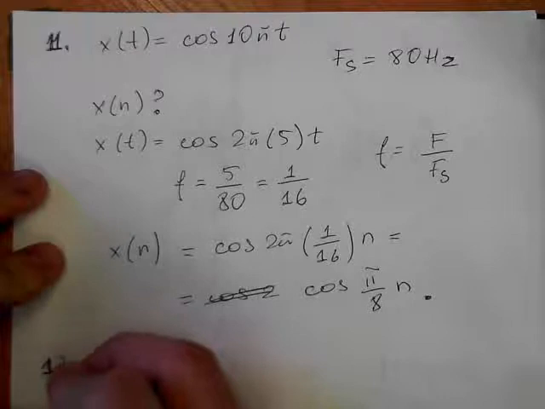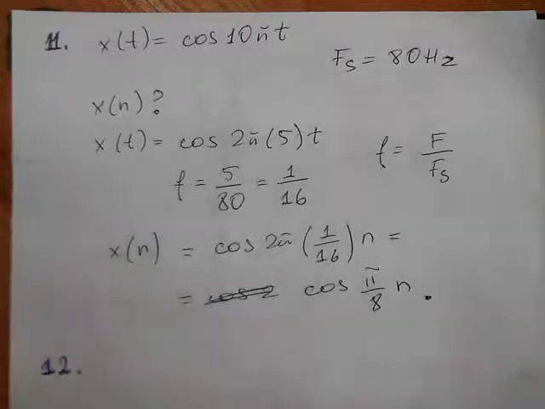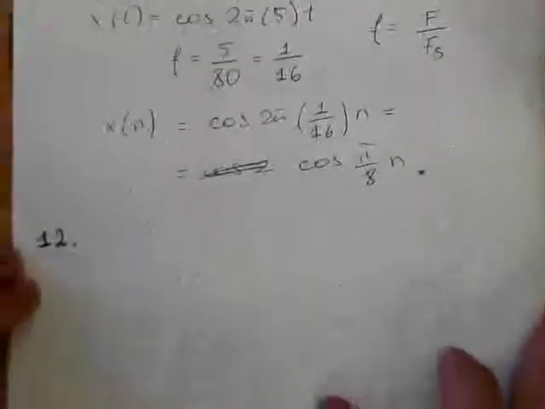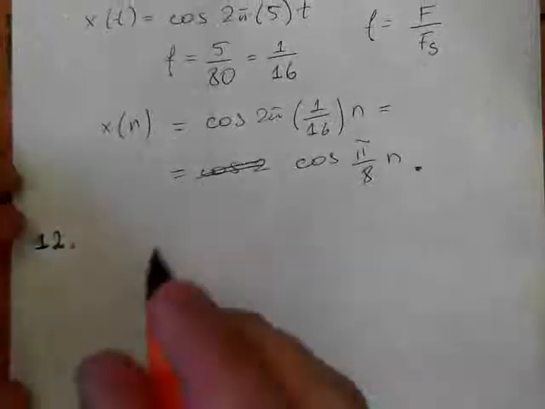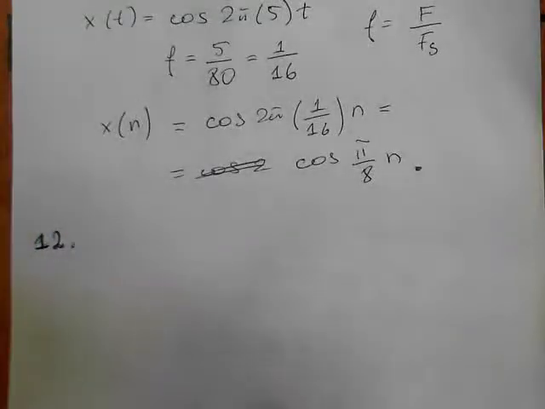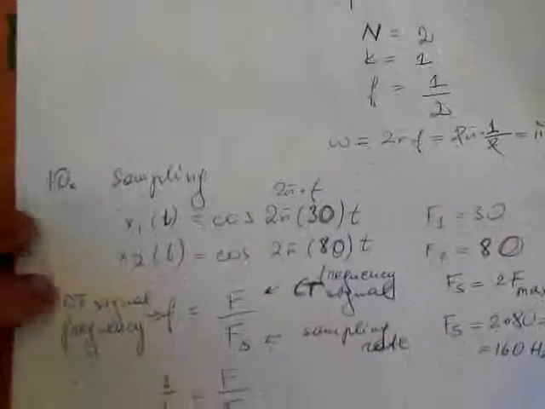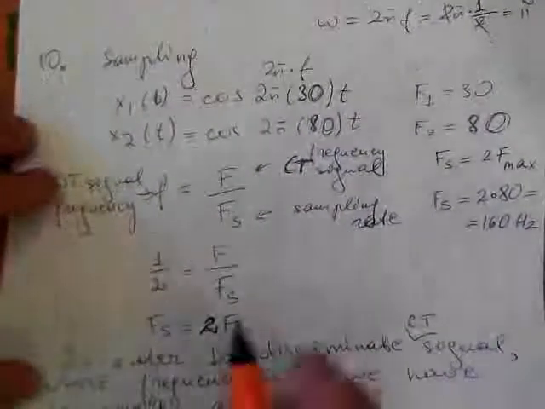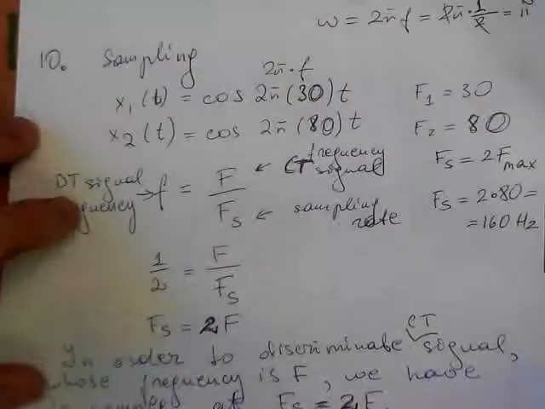12 is sampling theorem. Okay, sampling theorem is what we talked just before, like here. Here it is sampling theorem. Fs is equal to 2f.